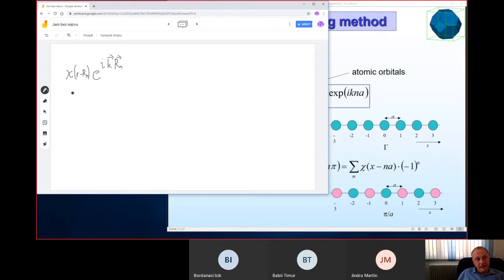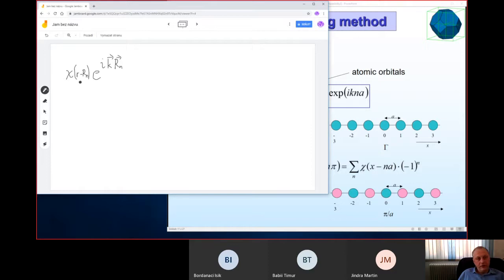In this case, the atom would be sitting in the lattice node, but we could also add some fractional coordinates. So let's say another vector which defines the fractional coordinate within this unit cell.